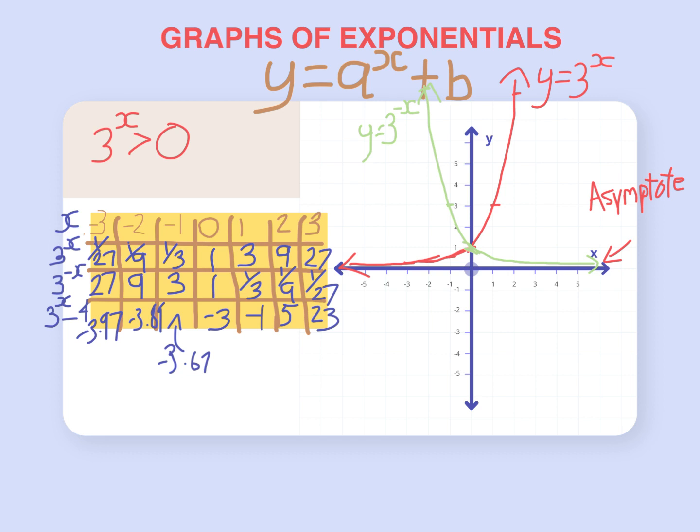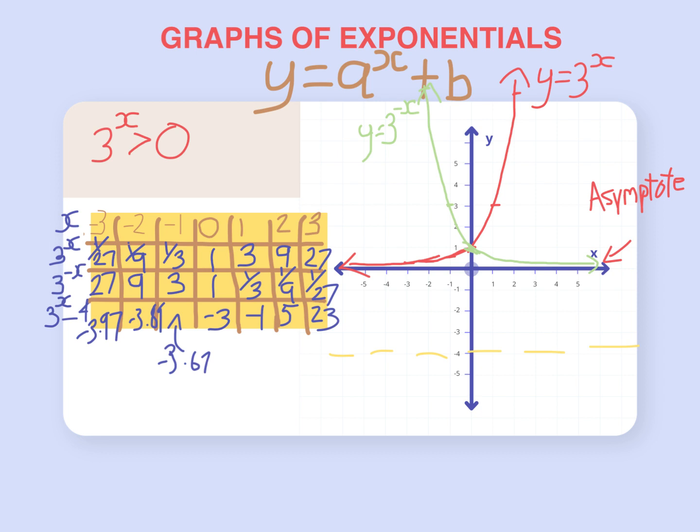So let's now look at the graph of y equals 3 to the power of x minus 4. Well, what we can see here is as x is getting smaller, or if you like, as x is getting more negative, this is getting closer and closer to negative 4. It turns out for y equals 3 to the power of x minus 4, it will have an asymptote at minus 4.